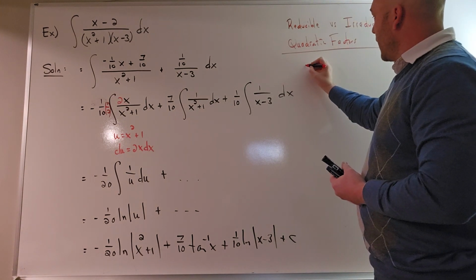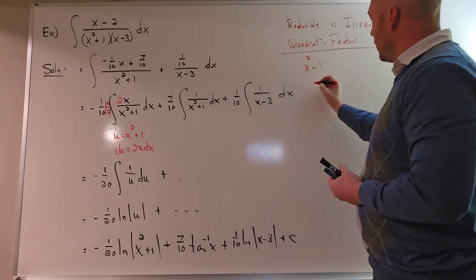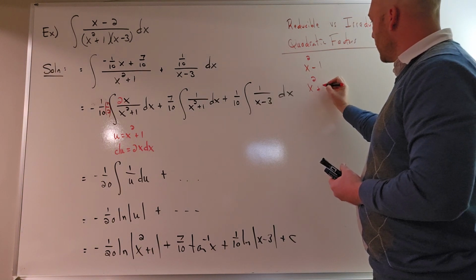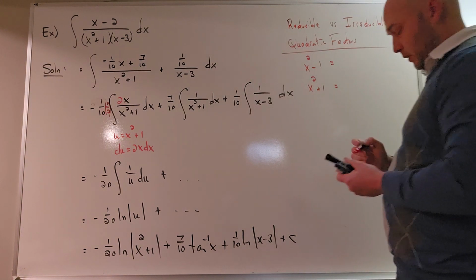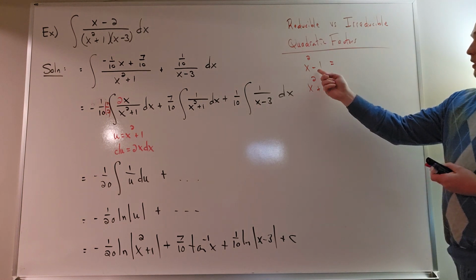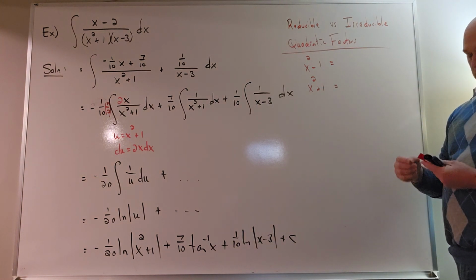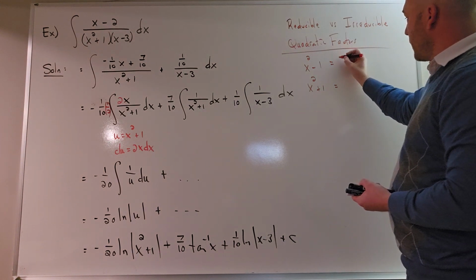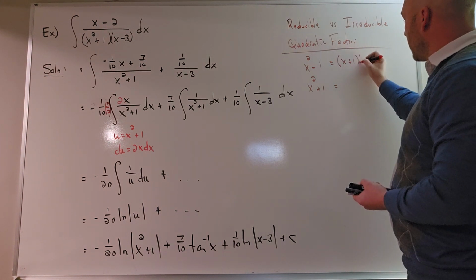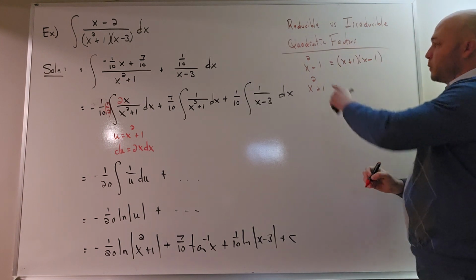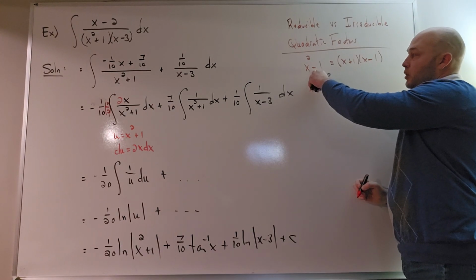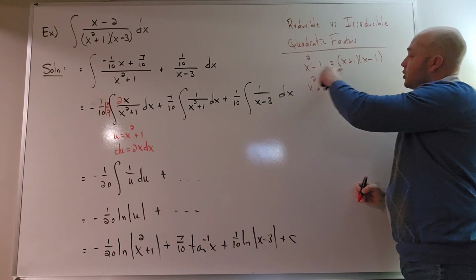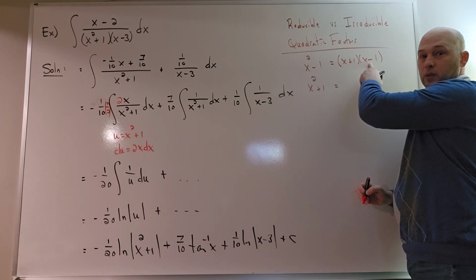Let's look at x squared minus 1 versus x squared plus 1. This is the difference of squares. This is a sum of squares. Well, the difference of squares, of course, factors as the sum of the bases and then the difference of the bases, which means that I can reduce this quadratic to a product of linear terms.